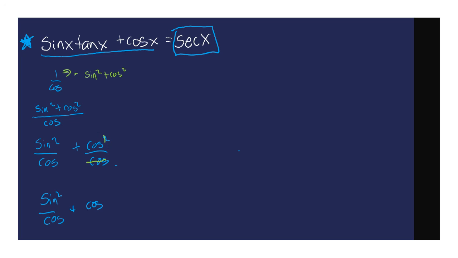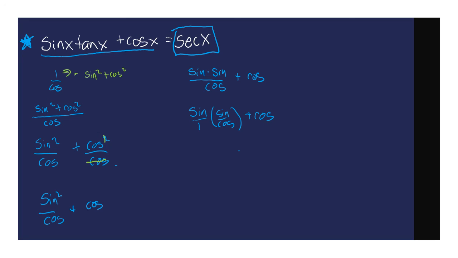Now let's see what we can do with this. Sine squared, we can write it as sine times sine over cosine plus cosine. I wonder if we can break this apart. If we can rewrite this as sine over 1 times sine over cosine plus cosine.